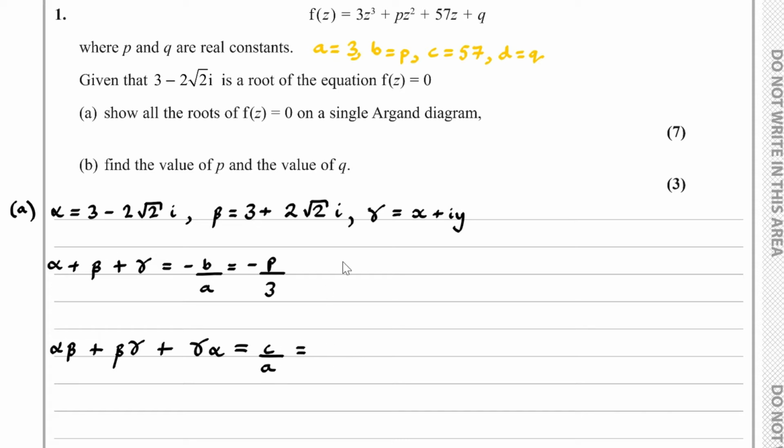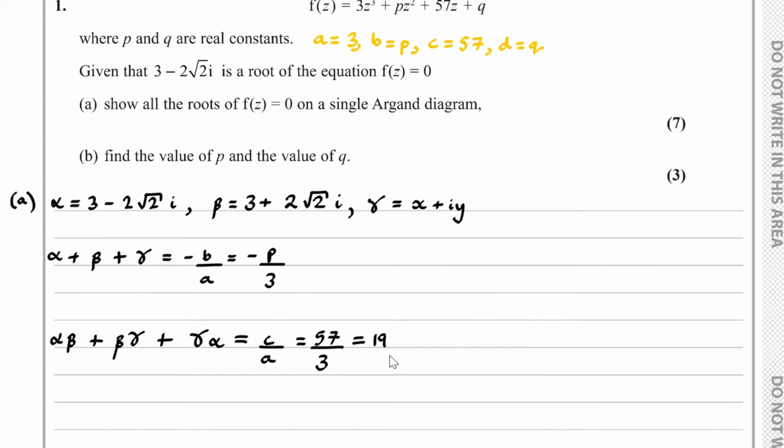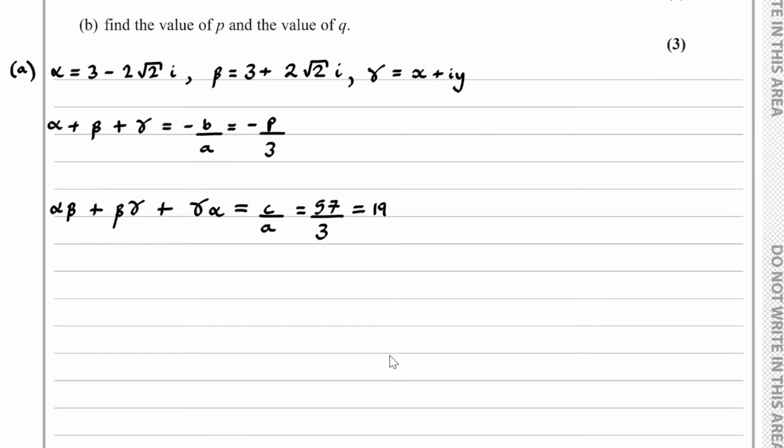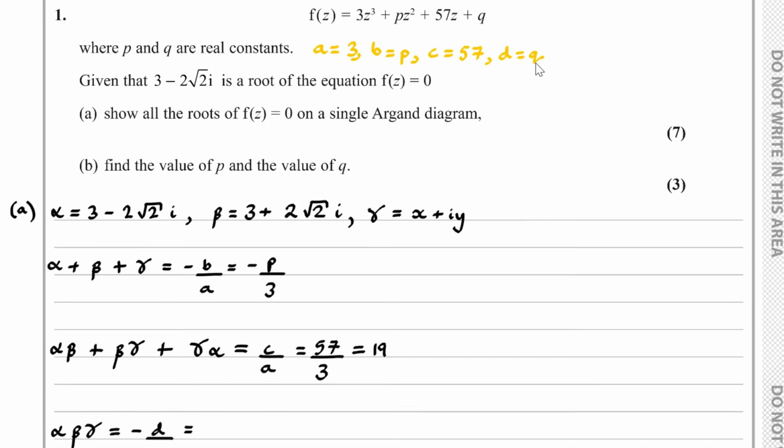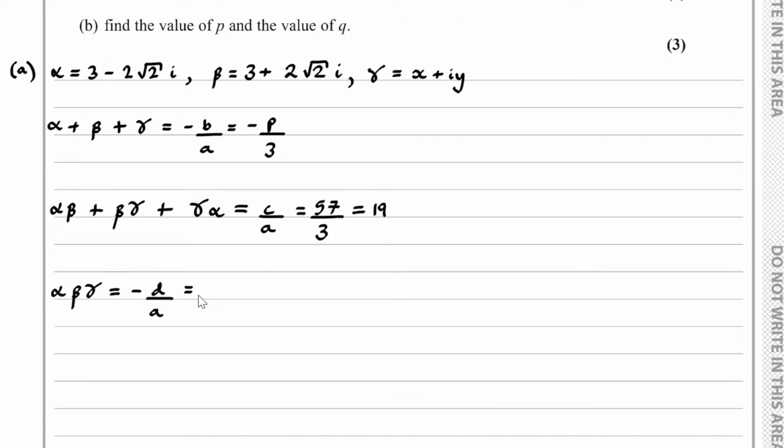So we have over here 57 over 3, and this is 19. And finally, for the product of the roots, alpha beta gamma, that's equal to minus d over a. So we have minus q over 3.